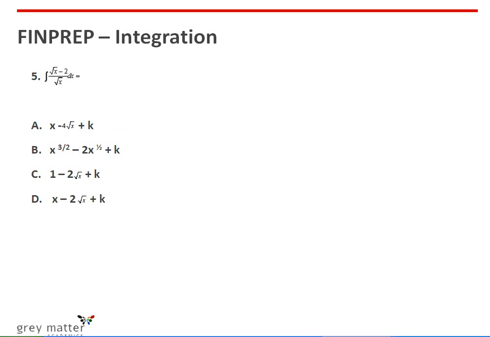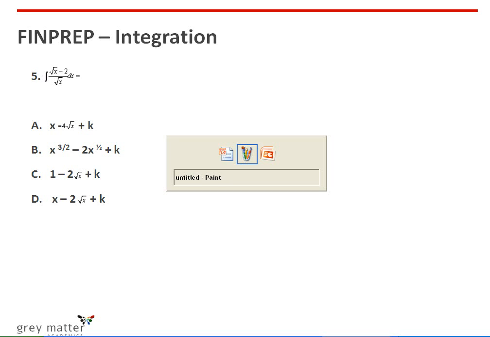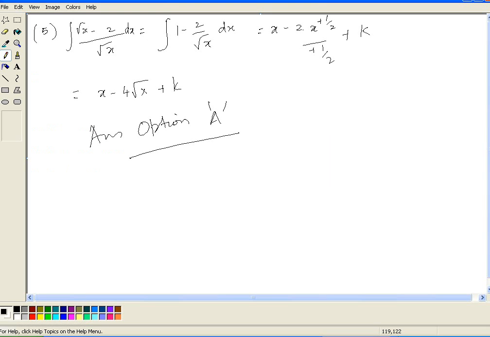Fifth question, integral of root x minus 2 divided by root x dx. Going back to our work area, integral of root x minus 2 by root x dx is equal to integral of 1 dx minus 2 by root x dx, which is equal to x, since integrating 1 is x, and the integral of minus 2 by root x will be minus 2 x power plus half by plus half plus k.